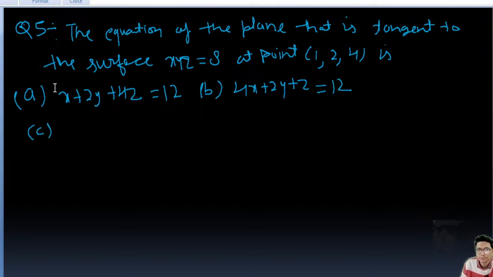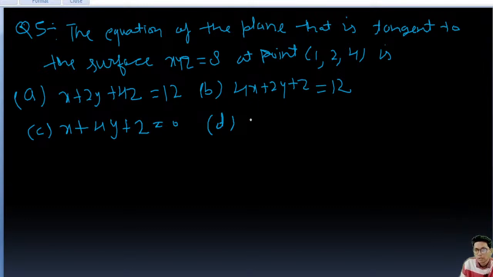And option C is x plus 4y plus 2z equal to 0, and option D is x plus y plus z equal to 7.